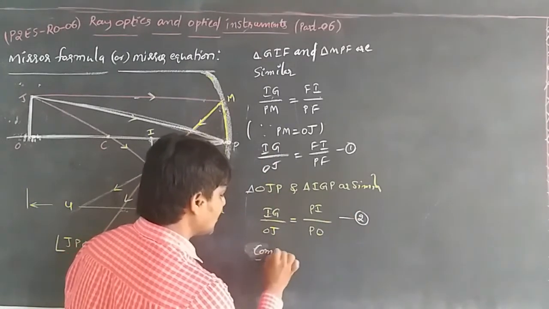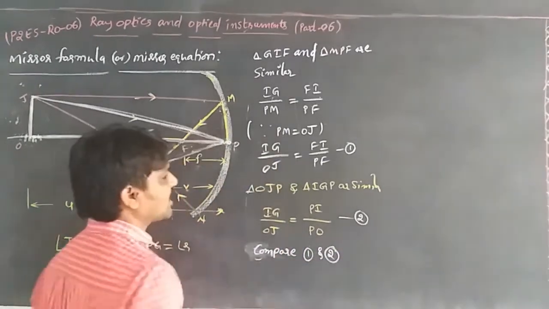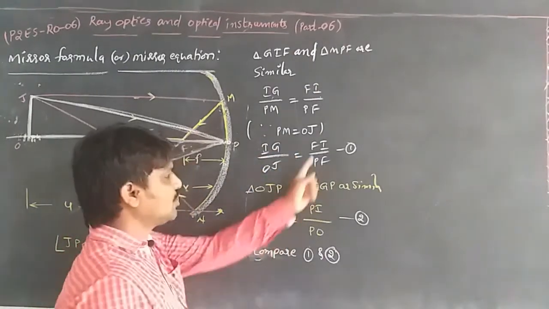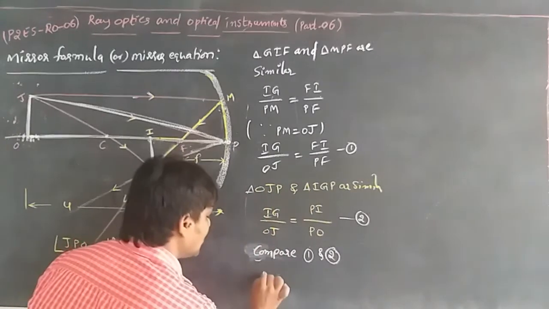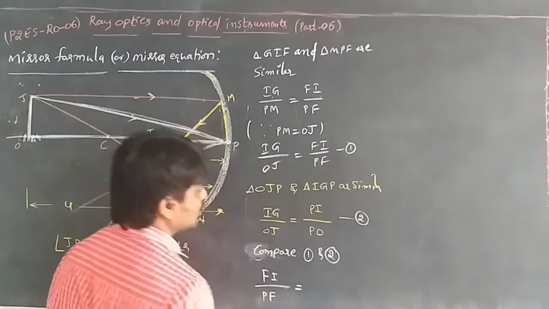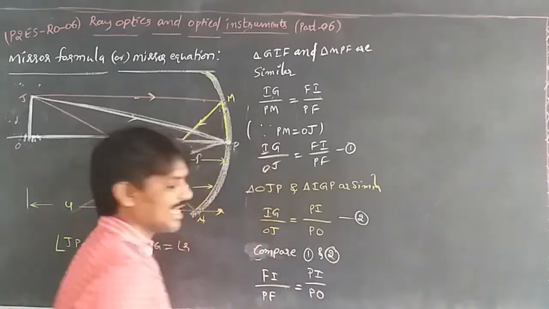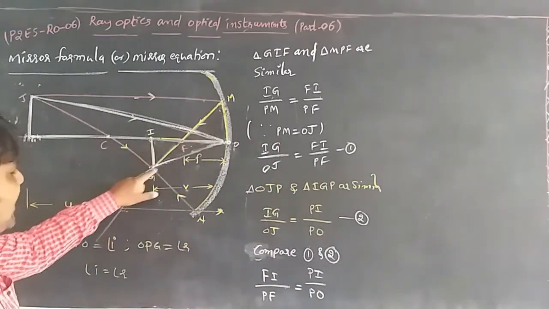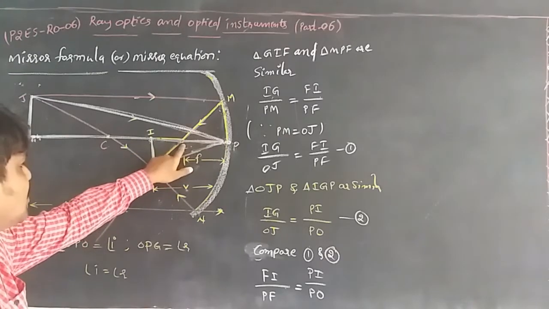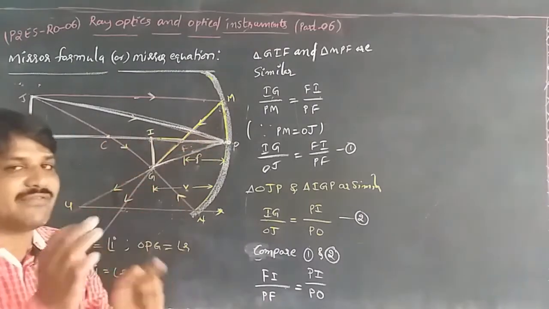Comparing equations 1 and 2, IG by OJ appears in both, so both equations can be equated. So FI by PF is equal to PI by PO, the adjacent sides measured along the principal axis.